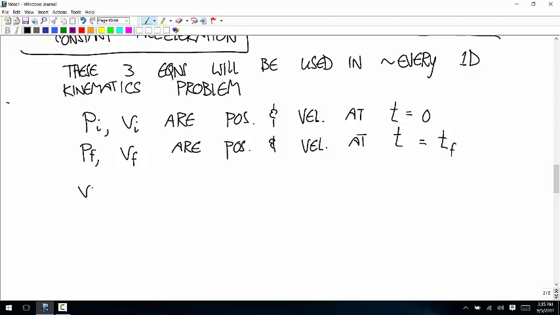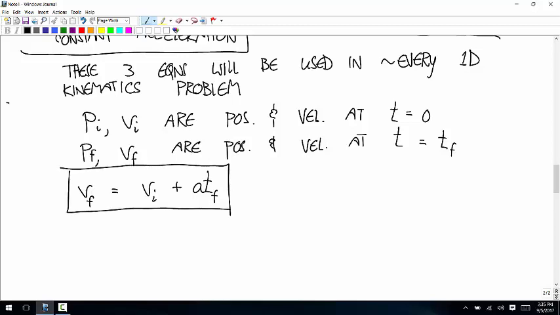So the first one says V final is equal to V initial plus A times T final. The second one says P final is equal to P initial plus V initial times T final plus 1/2 A T final squared.